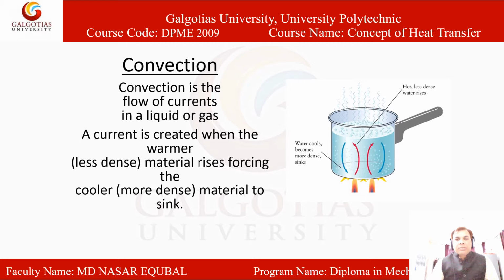In this image, we can see that the modes of heat transfer are conduction and convection. If the heat transfers through the pan to the pan handle, this mode of heat transfer is conduction, and if the heat transfers through the lower end of the liquid to the upper end of the liquid, this mode of heat transfer is known as convection.